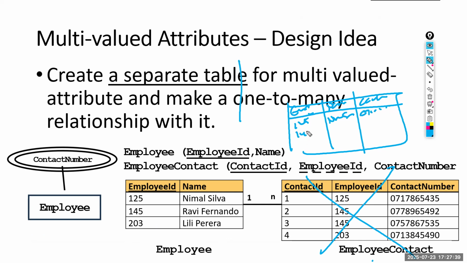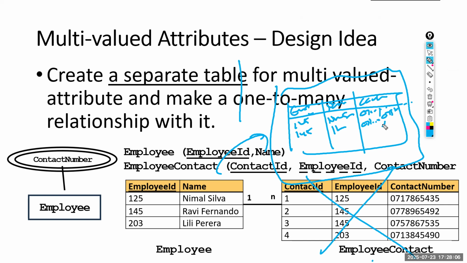Say 145, Ravi Fernando, maybe 077, blah, blah, blah, comma, 0757, blah, blah, blah. So you may feel this is an easier solution, right? This is much more compact, an easy solution. Just one table, and comma separated, you have all the contact numbers.